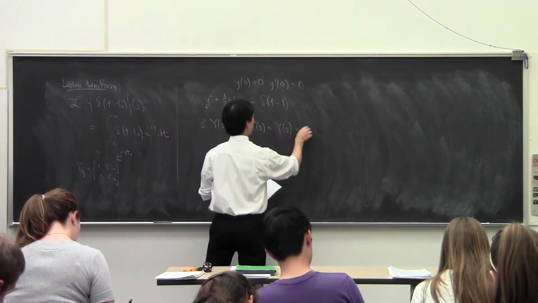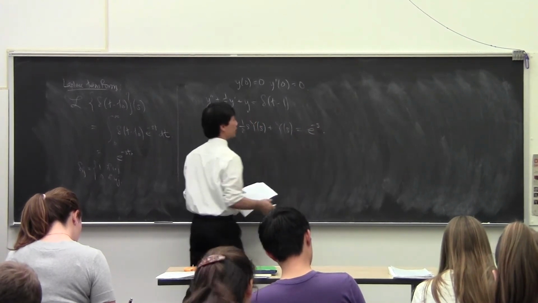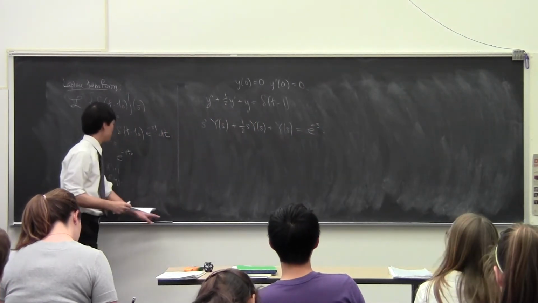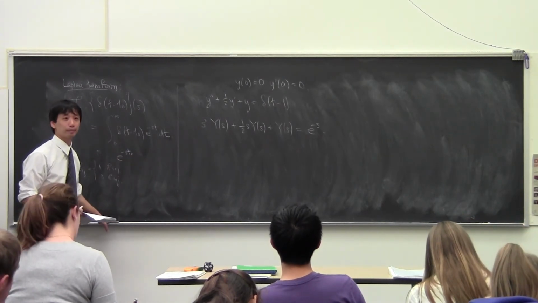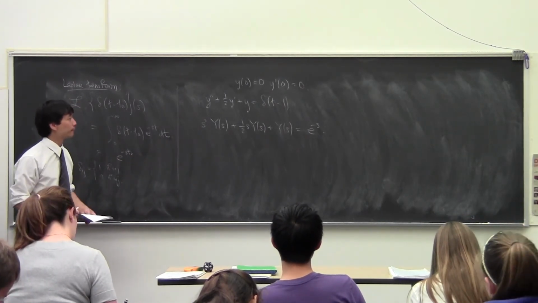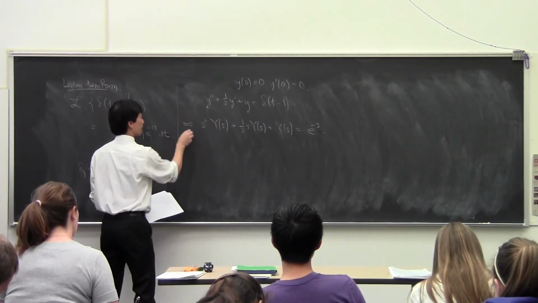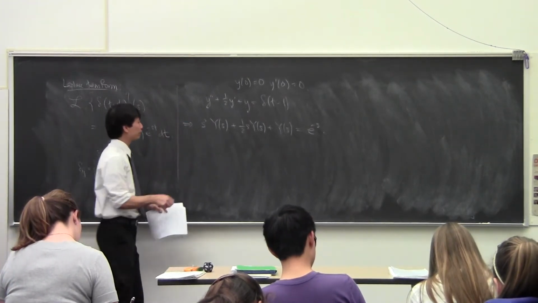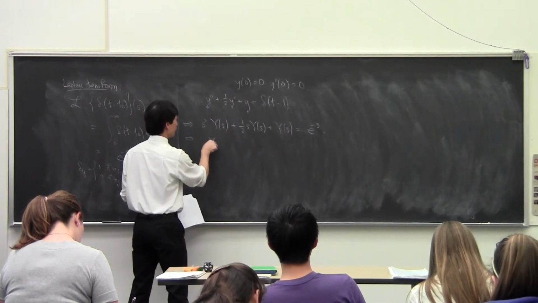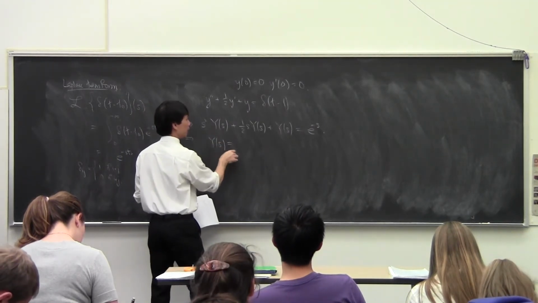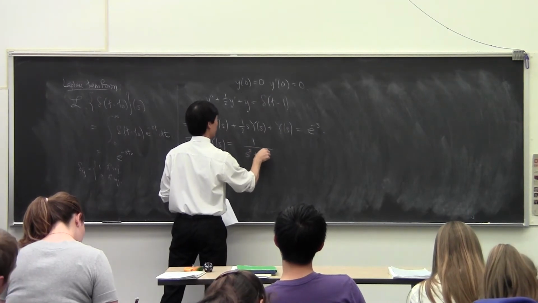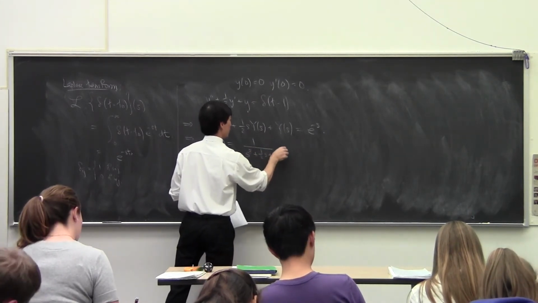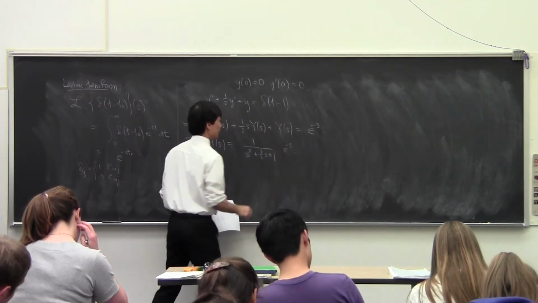And here we get e to the minus s, because we get e to the minus s times t naught, and t naught is 1. Okay. So we get Y then is 1 over s squared plus 1/2 s plus 1 times e to the minus s.